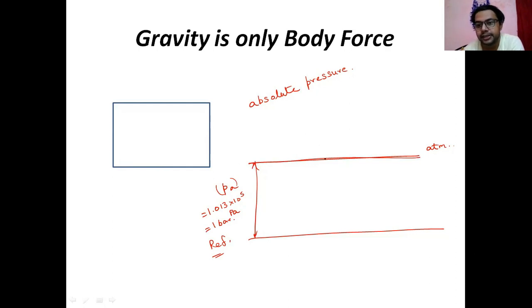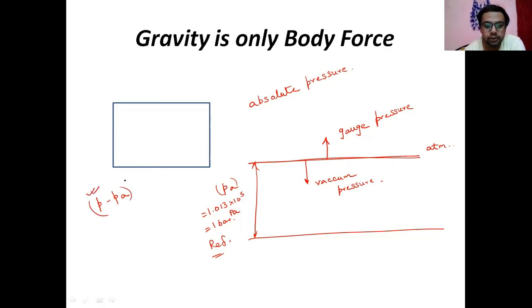And which pressure is above the atmospheric, this kind of thing we are telling as the gauge pressure. And below atmospheric, we are telling as the vacuum pressure. So any pressure relative to the atmospheric pressure, if this pressure is more, that means it will come as a positive value.